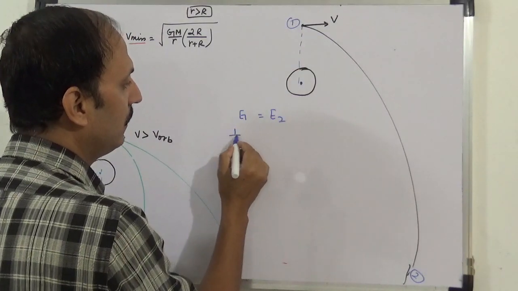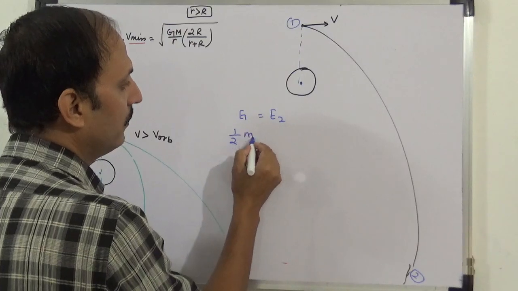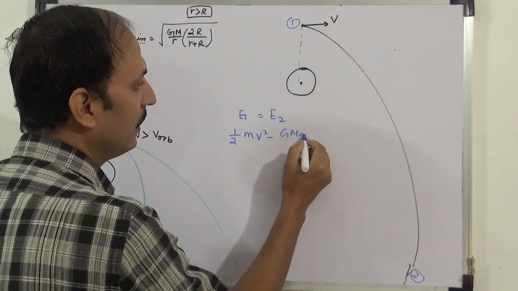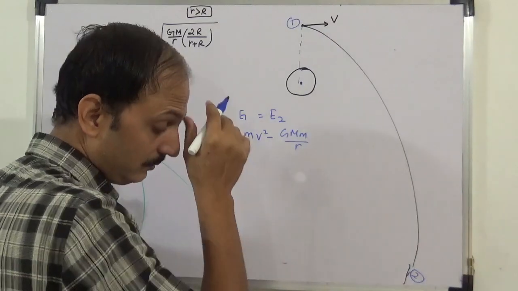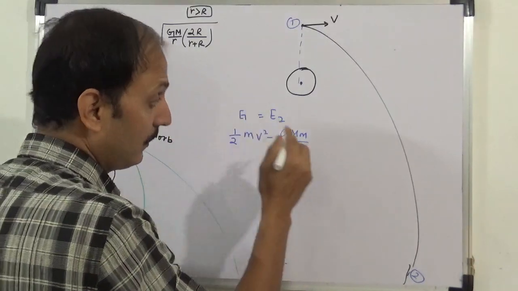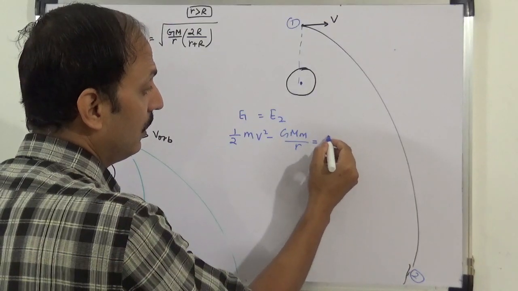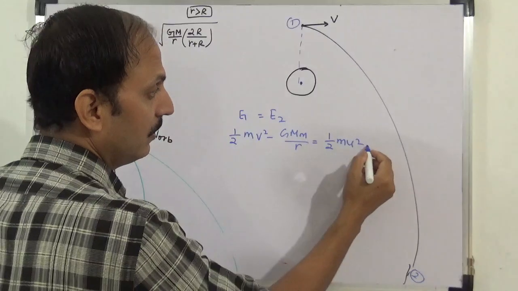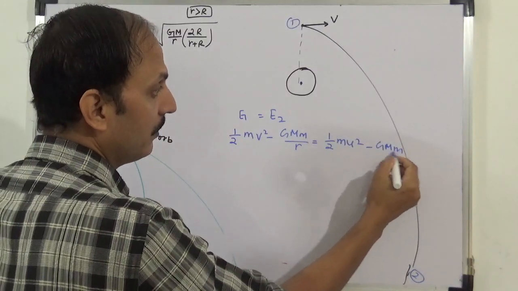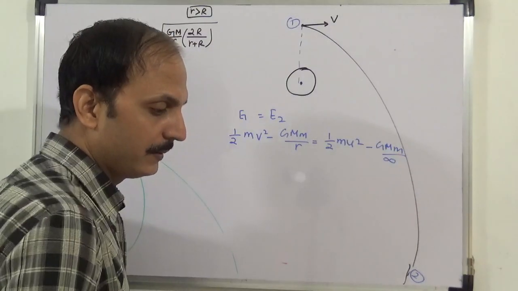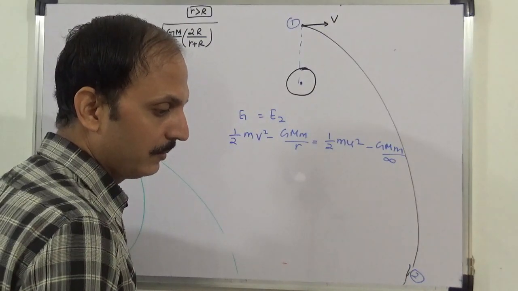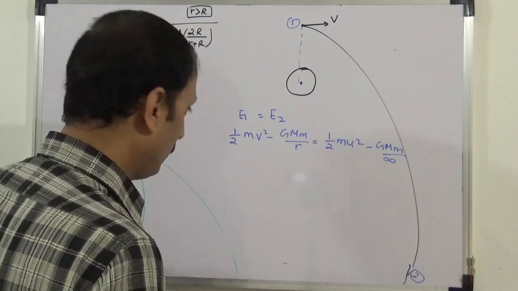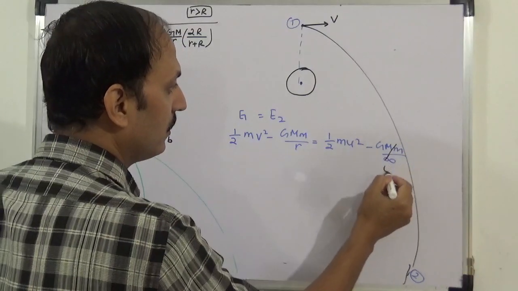E1 is half m v square minus potential energy GMm by r, equal to half m u square at the far position, minus GMm by r, where r becomes infinity. So if you just see, if you solve this, this term is 0.